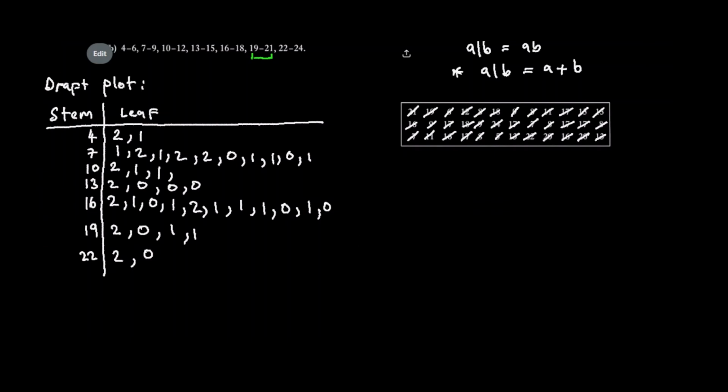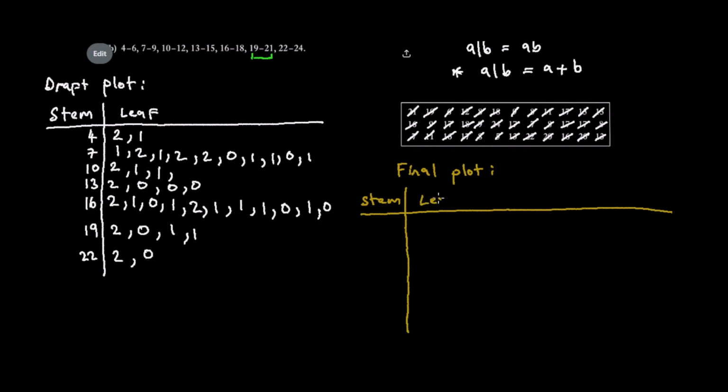Then pano takuchinyora our final plot. Stem, leaf. It's 4, 7.